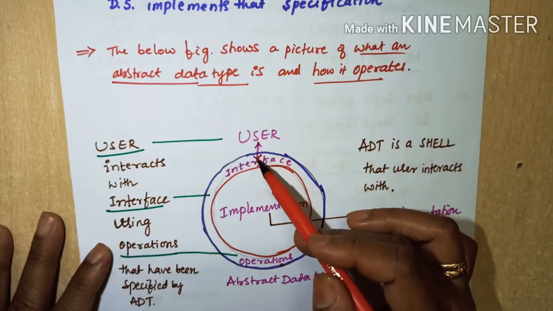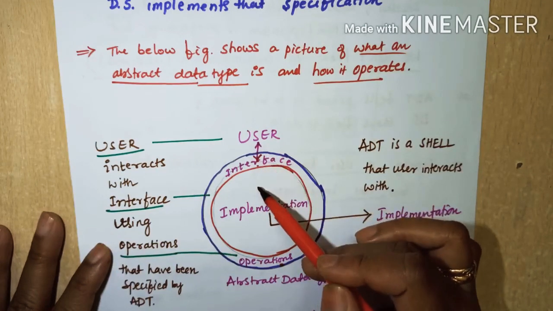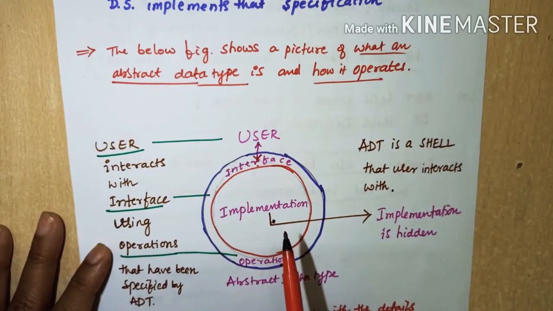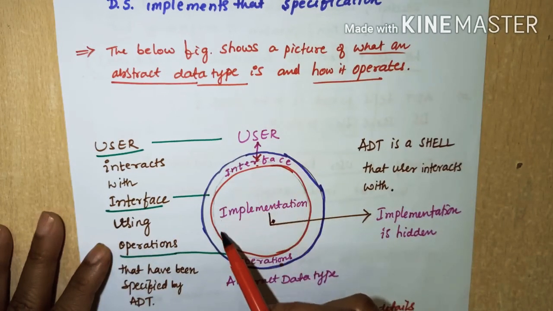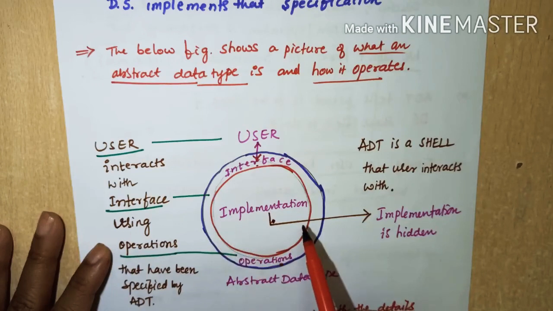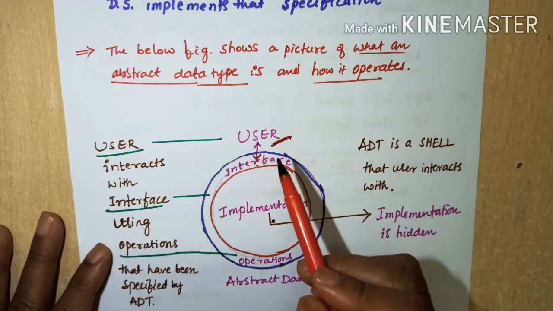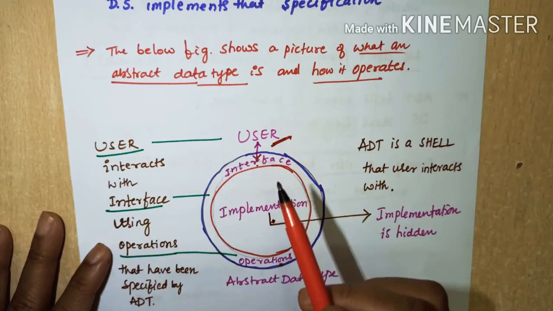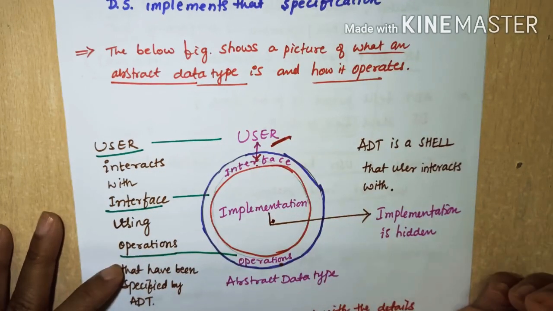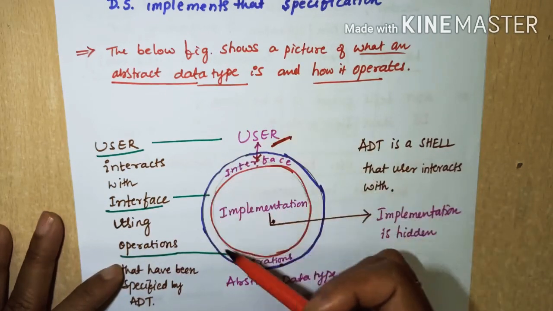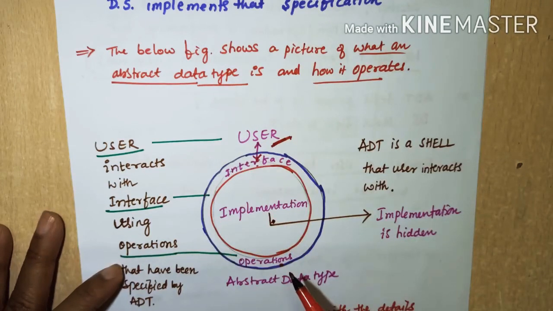See, the user doesn't have any concern or any connection with its implementation. It means that the implementation part is hidden. So the user can always interact with only interfaces. So the user is always at the outside. The user is not concerned with any details about the implementation.